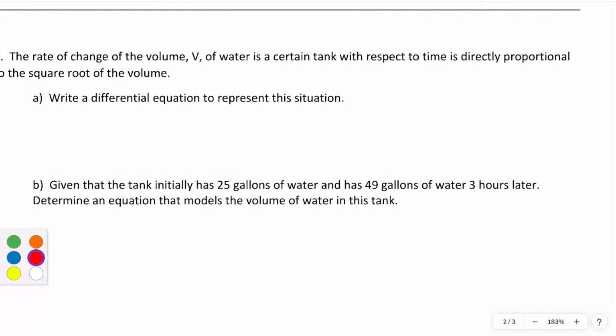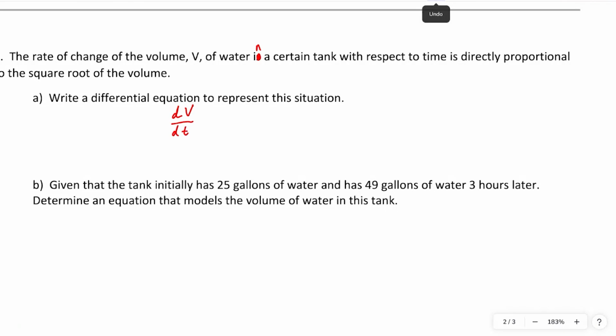The rate of change of the volume of water in a certain tank. There are just typos everywhere here. The rate of change of the volume of water in a certain tank with respect to time is directly proportional to the square root of the volume. So not just the volume, but the square root of the volume. So the rate of change, that's dV of volume with respect to time.